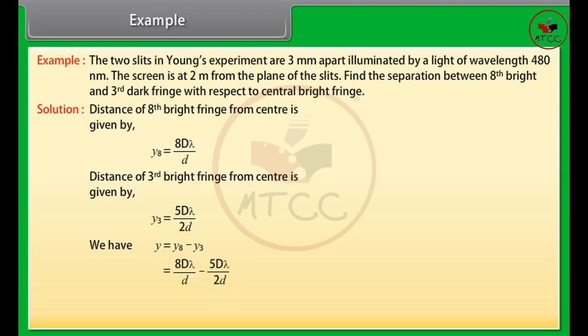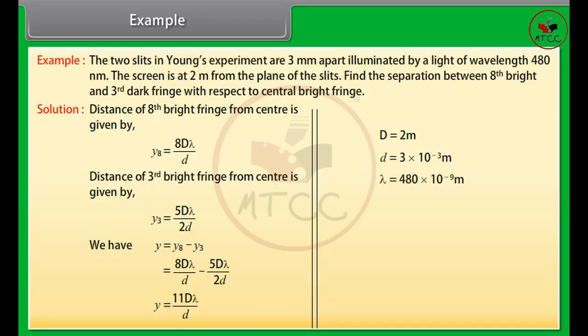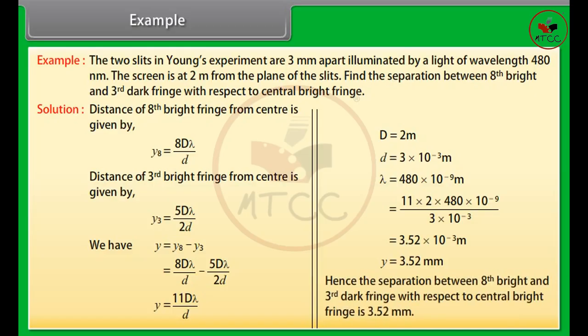By putting the values and calculating, we get y is equal to 11 D lambda upon 2d. Putting the values in the above equation and calculating, we get the value of y as 3.52 millimeter. Hence, the separation between 8th bright and 3rd dark fringe with respect to central bright fringe is 3.52 millimeter.